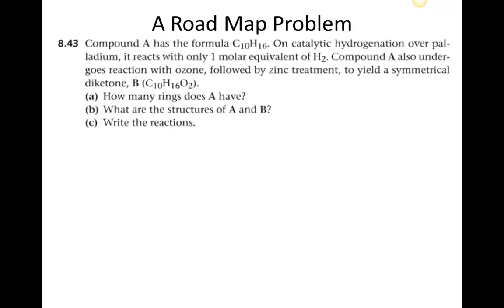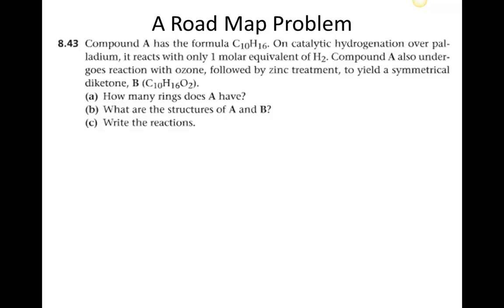So in the book, at the problems at the end of the chapters, there are these problems we call roadmap problems. And they start out like this, and we did one of these in class in a different way. But let's see if we have this. It says compound A has the formula C10H16.